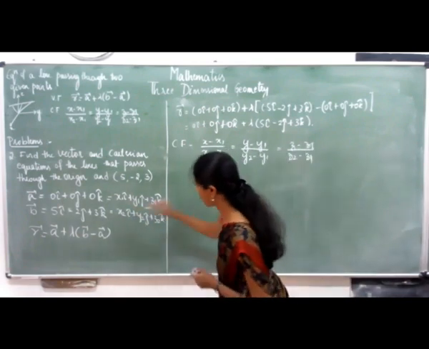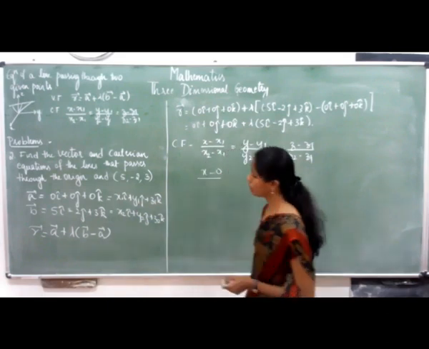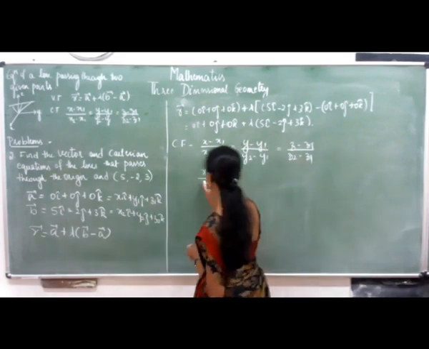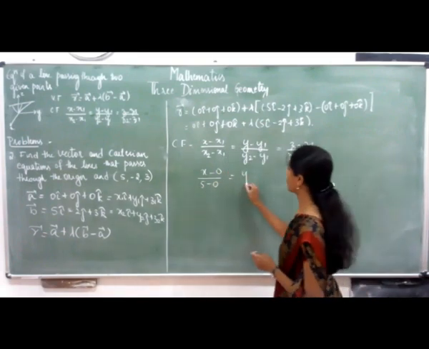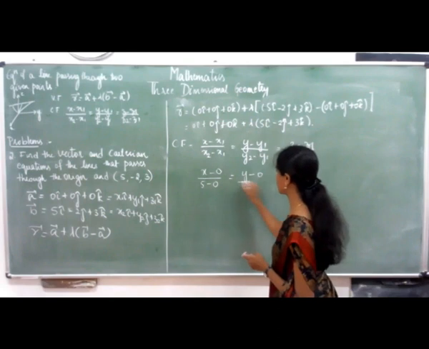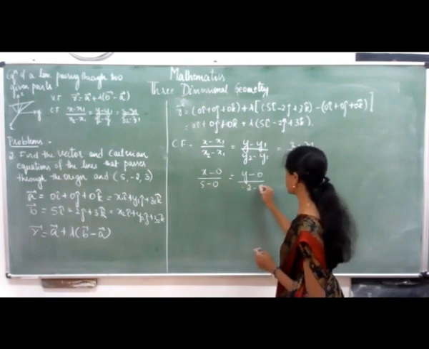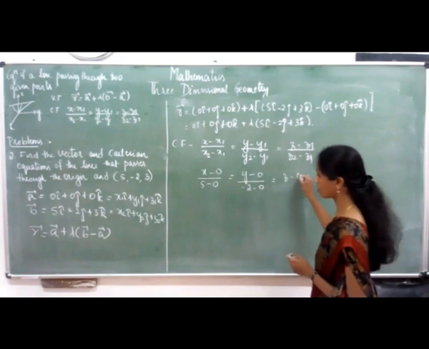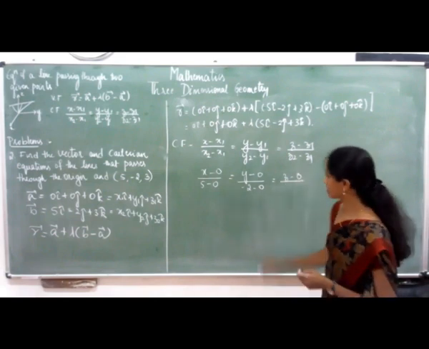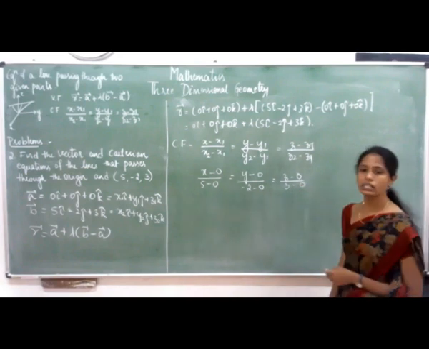Now let us start substituting. x minus x1, which is 0, divided by x2, which is 5, minus x1, which is 0, is equal to y minus y1, again 0, divided by y2, which is minus 2, minus y1, which is 0. Therefore, this is equal to z minus z1, which is 0, divided by z2, which is 3, minus z1, which is 0.